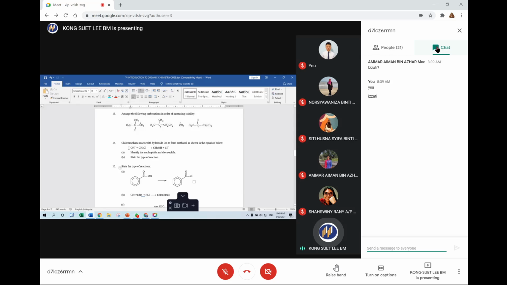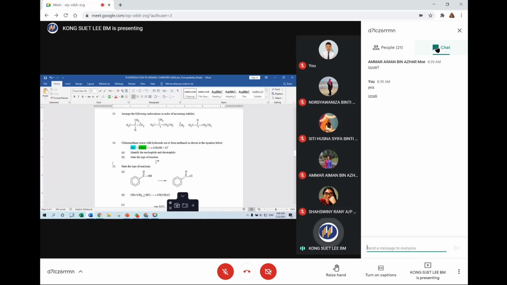But over here, one equation is given and they ask you to identify. Students might randomly give the answer, for example this is A, this one is B, this one is C, this one is D. For your information, if you want to identify the nucleophile and electrophile, you can identify based on the reactant. So you have to choose from these two choices.